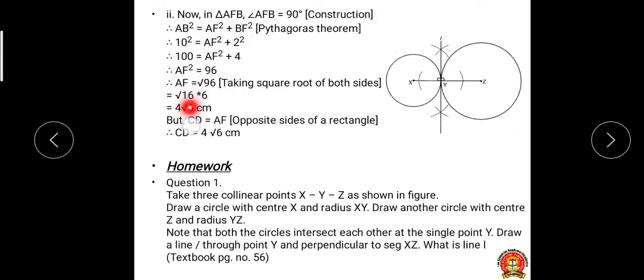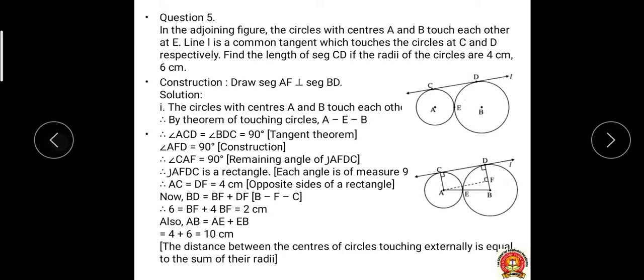By taking the square root, you will get 4 root 6. That means 4 root 6 is the side CD, because CD is equal to AF, the opposite side of a rectangle. In the diagram, AF is equal to CD. So it is a very simple concept: just how to use the theorem and the given concept in the circle.